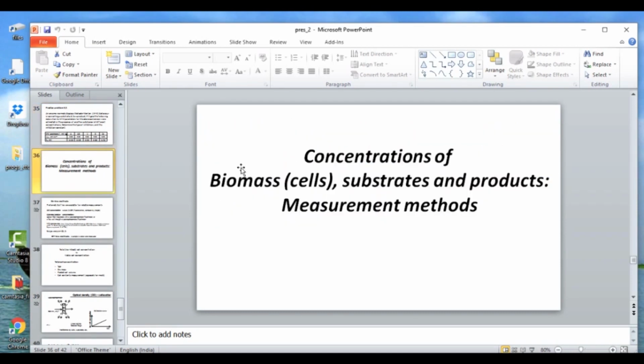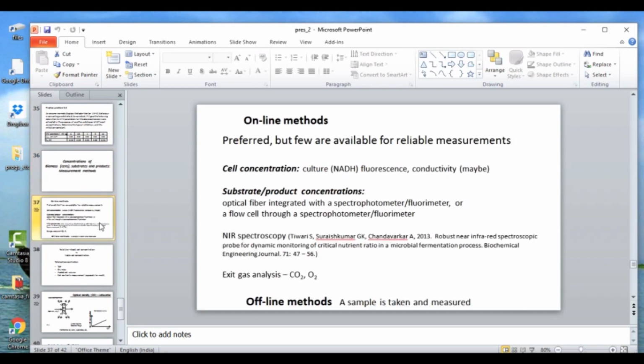And in this lecture, we looked at methods to measure the concentrations of biomass or cells, substrates, and products. We said that there were two different kinds, the online and the offline methods. Online preferred, but the reliability of the methods available is limited to a certain extent. Very few methods are highly reliable.